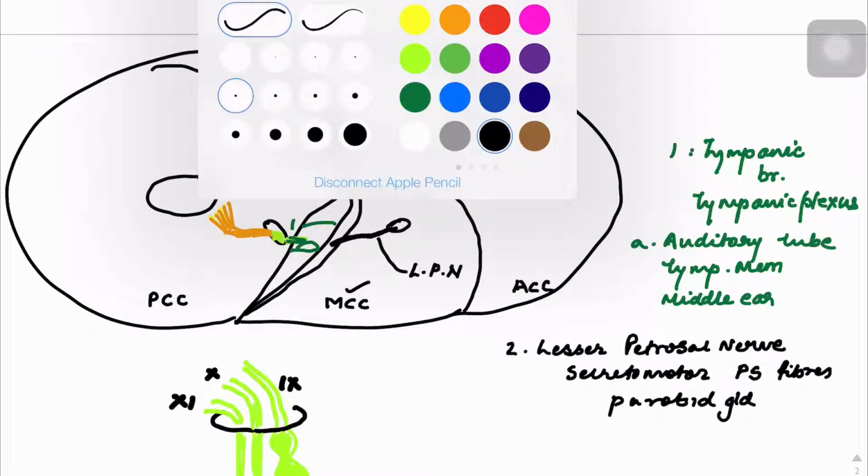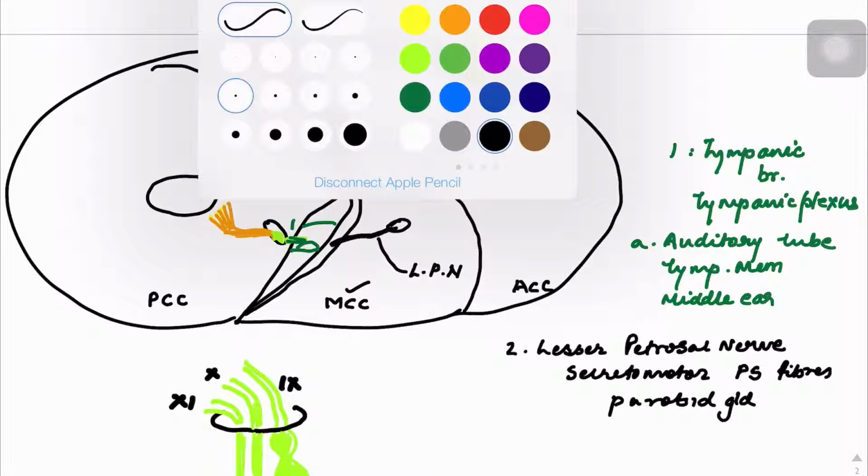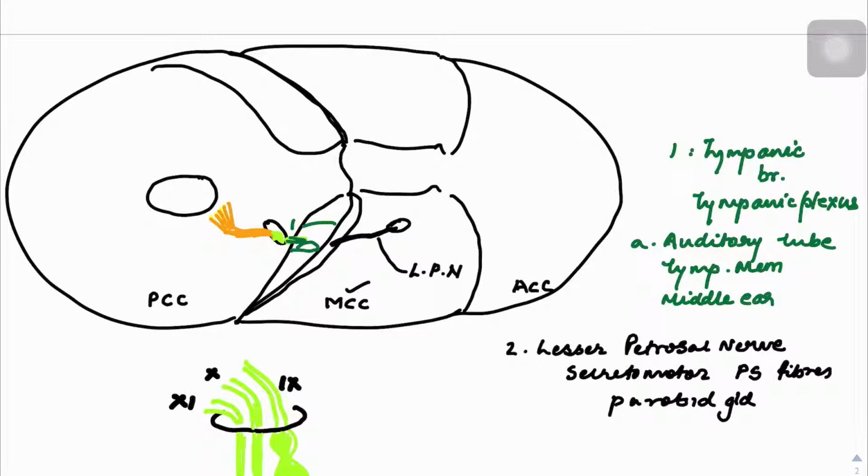So let us say now the nerve has come out through jugular foramen. Okay, again I will draw with the orange color. So let us say this nerve will come out below the middle cranial fossa, and it will relay into a ganglion called the otic ganglion.